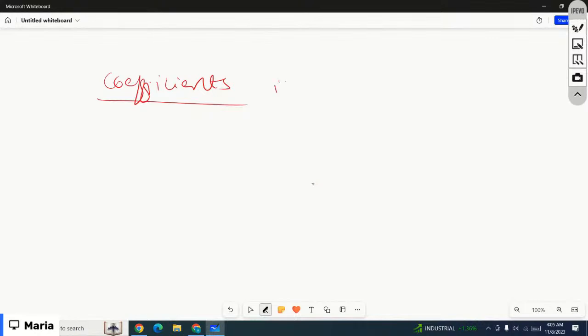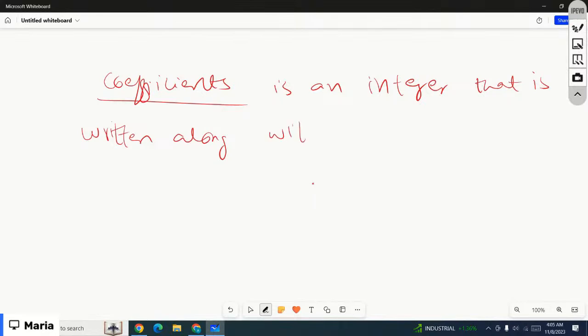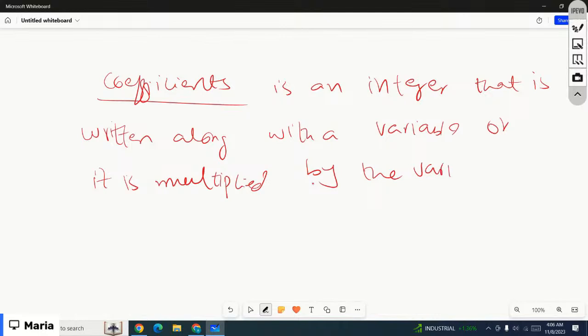So that is the definition of the coefficient.